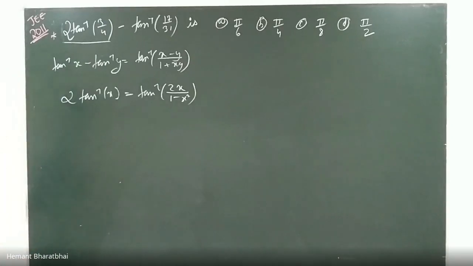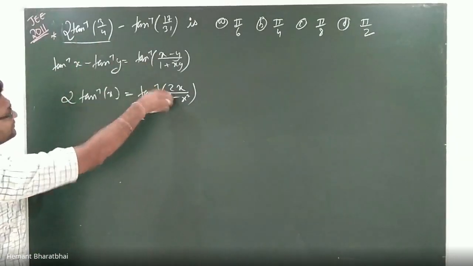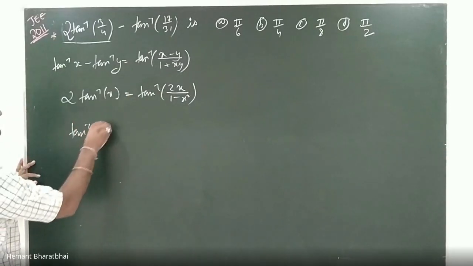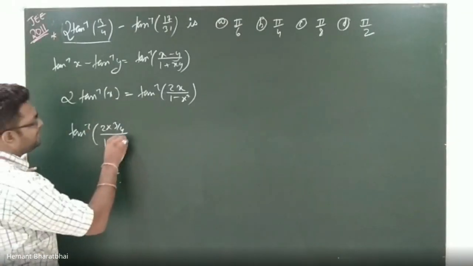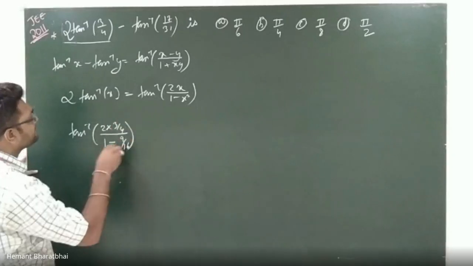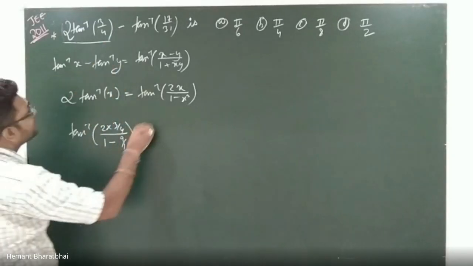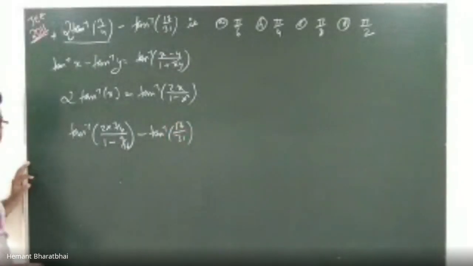We had written this formula, so I can apply it over here. So this 2 tan inverse of 3 by 4 can be written as tan inverse of 2 times 3 by 4 upon 1 minus x square, so that will be 9 by 16, minus tan inverse of 17 by 31.